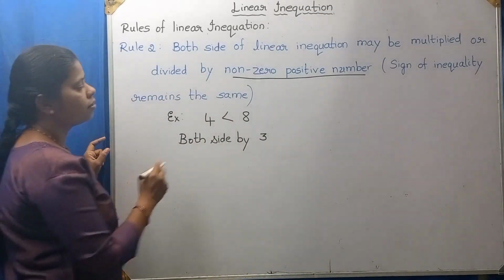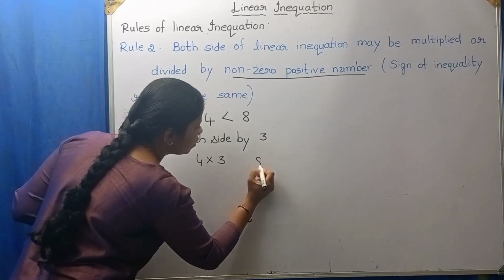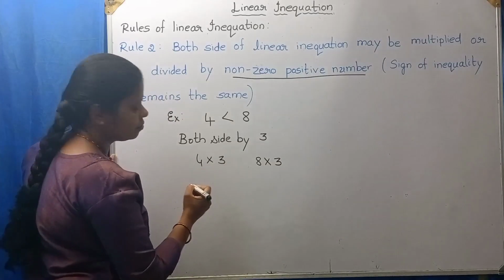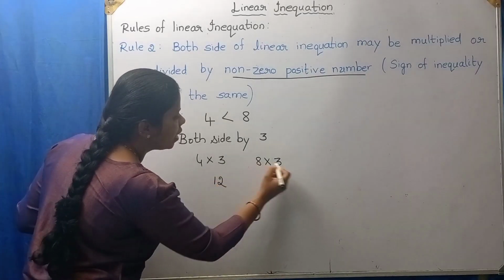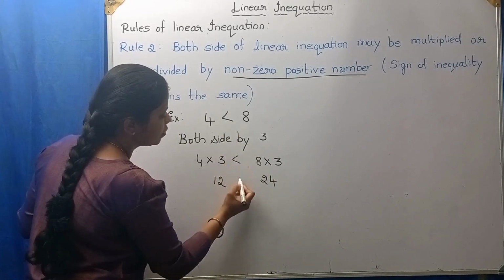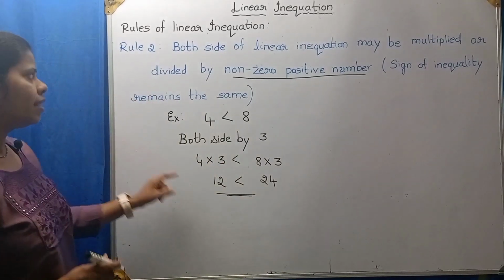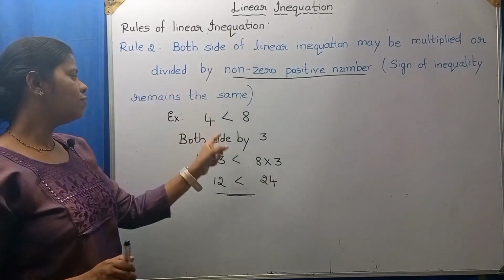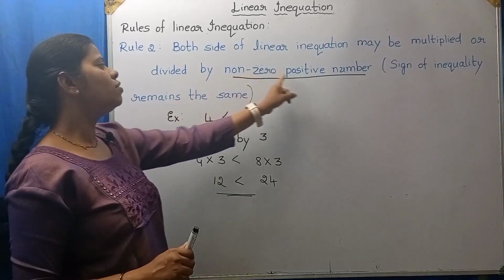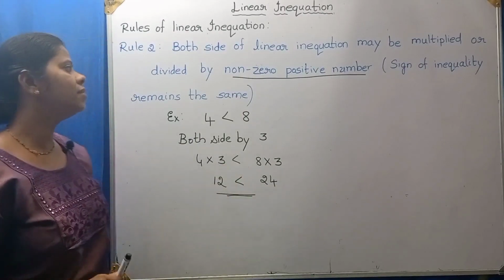Then what will it become? 4 into 3 is 12. 8 threes are 24. See here, the sign will remain the same. That is what the rule says. If you multiply both sides by a non-zero positive number, the inequality sign remains the same.